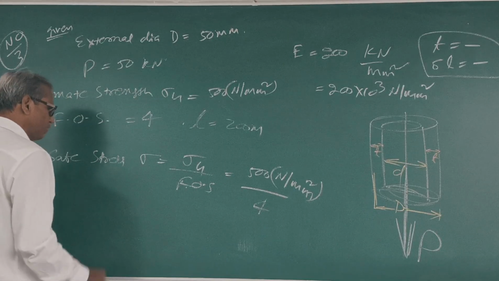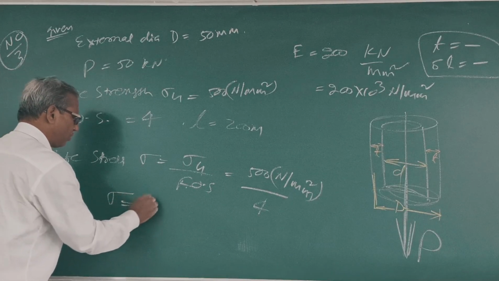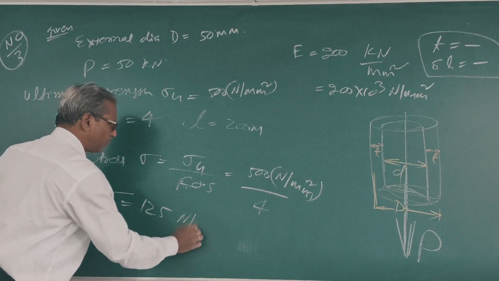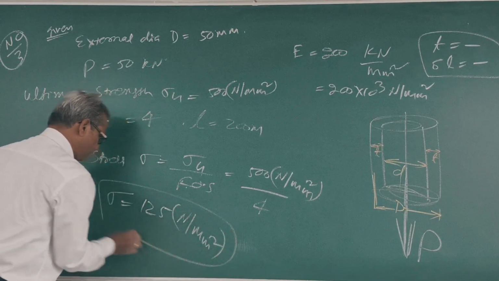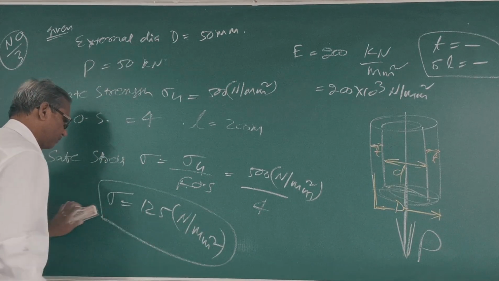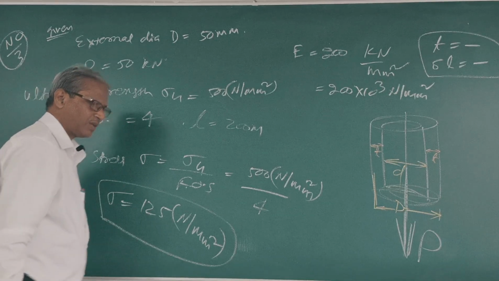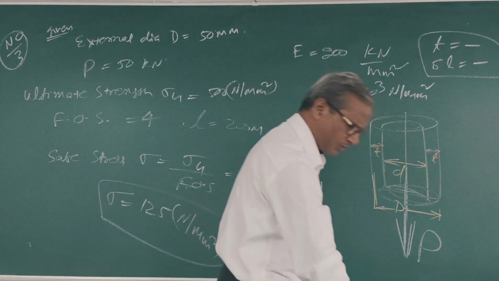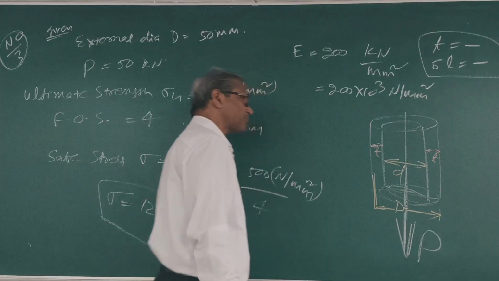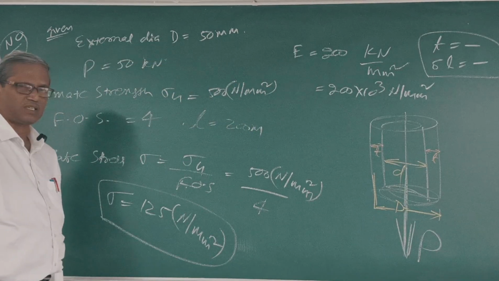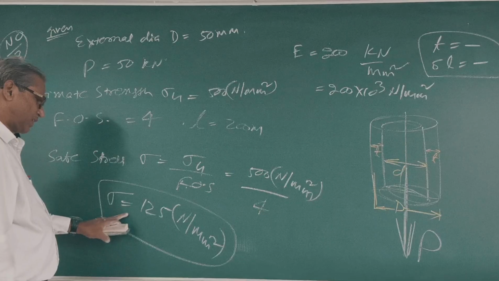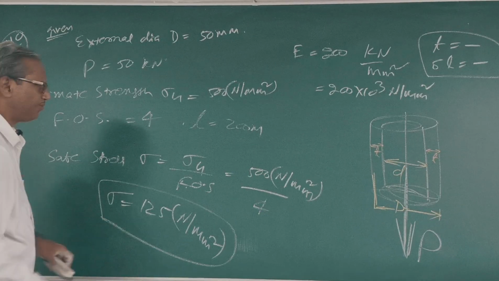Clear? So sigma is equal to 125 Newton per mm square. This is the working stress. Now the working stress is equal to P by A.